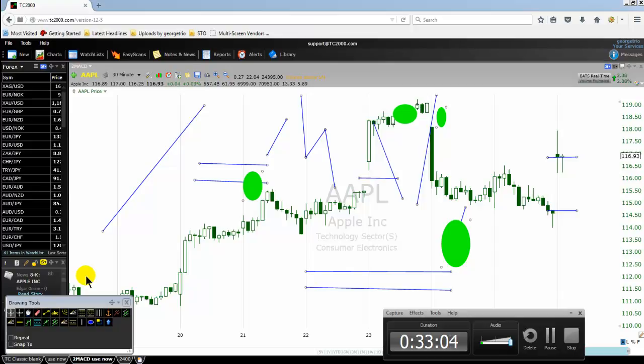The exhaustion gap is usually created by the last players. Remember in step 1, we were talking about the last players and the first players. The exhaustion gap is usually created by the last market players that join the trend at the last minute. The opening gap is usually created by the first market players.